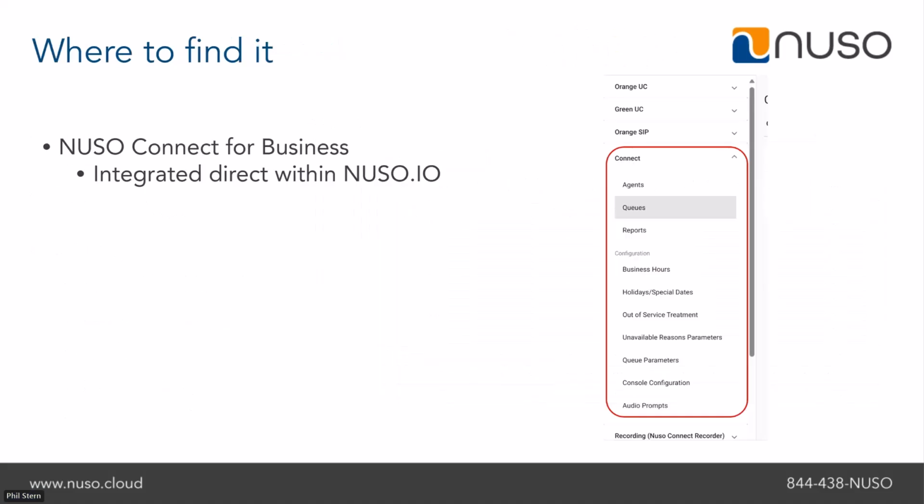Okay. And I guess lastly, moving on, where do you find it? Well, we've already mentioned that it's integrated directly within NUSO.io, your portal, and you find it over in the left-hand menu, and it's called Connect. It could be Connect, and then it might have your business name in there.